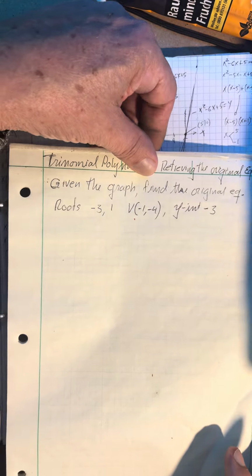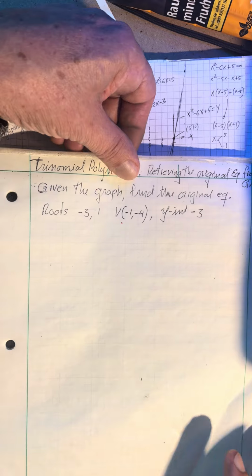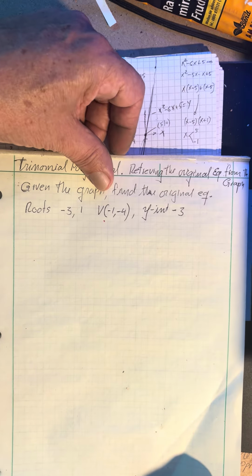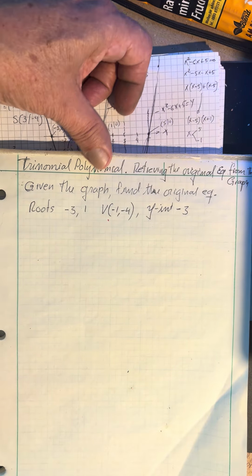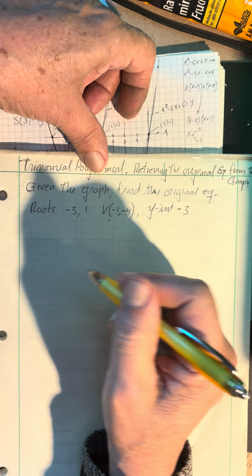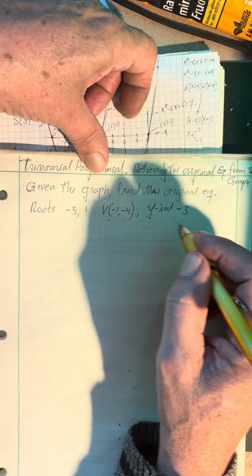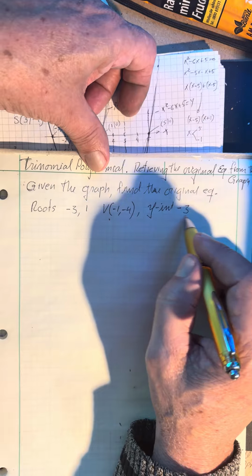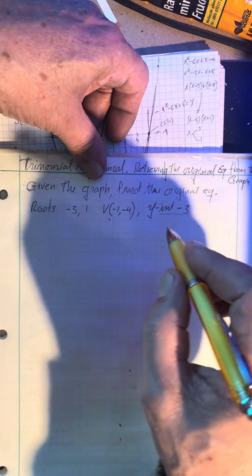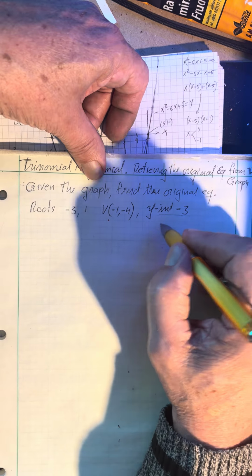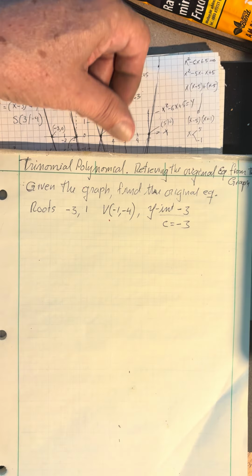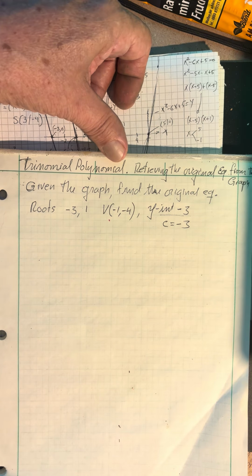This is very important, because it tells us the C from here. We say the C is equal to -3.